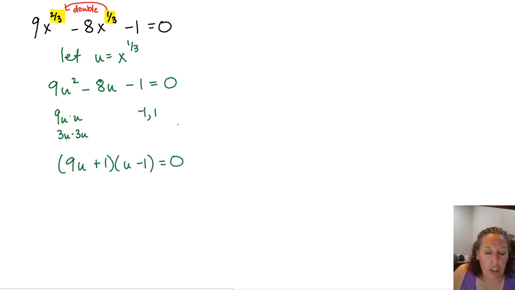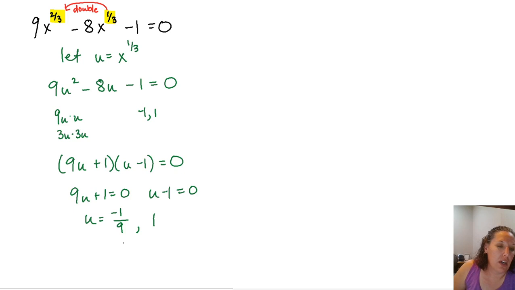You can check that out. You can use the AC grouping method, number of different methods that will get you those factors. Set each of those factors equal to 0, and we're going to subtract 1 and then divide by 9, so we get u equals -1/9, and then for our other one, u minus 1 equals 0 when u is equal to 1.